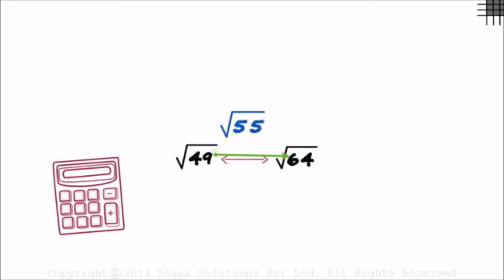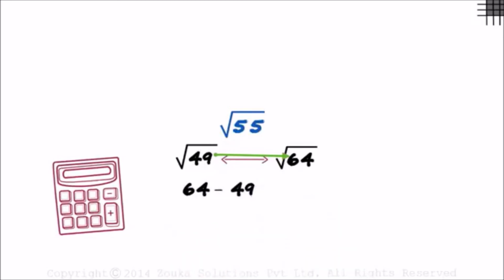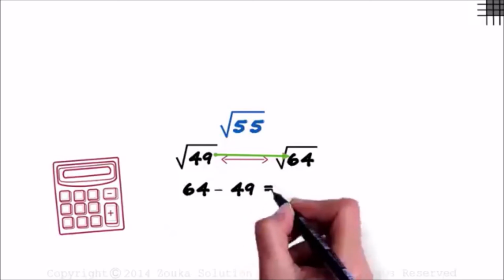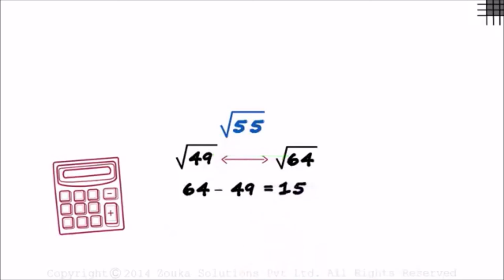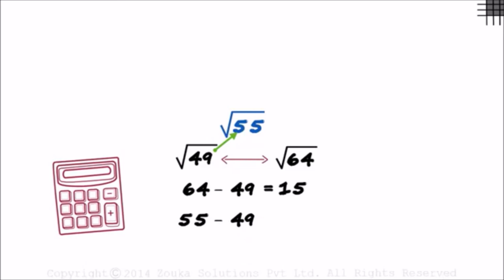To know how far 64 is from 49, we find the difference between 64 and 49. That equals 15. And to know how far 55 is from 49, we find the difference between 55 and 49. That is 6.